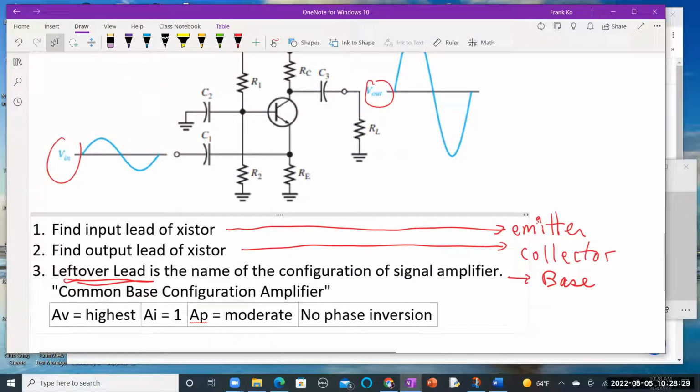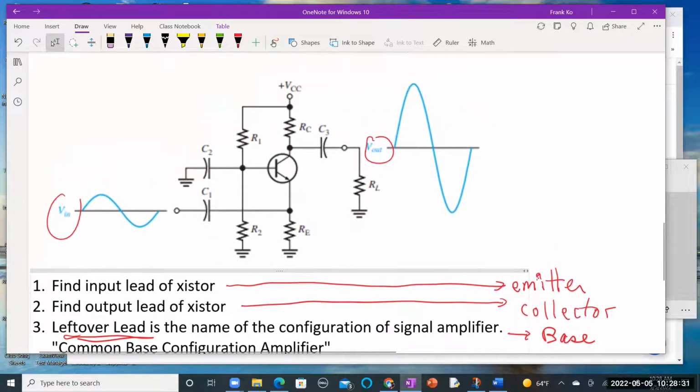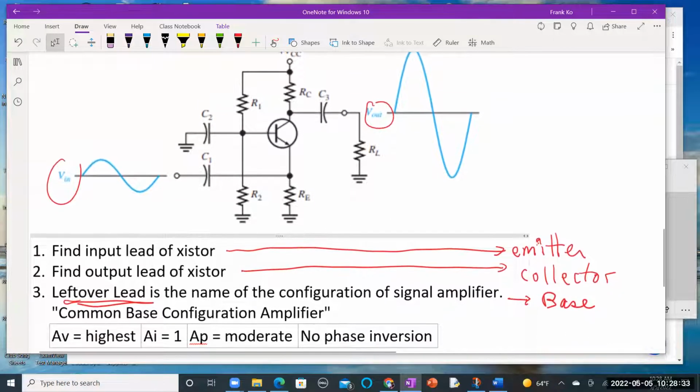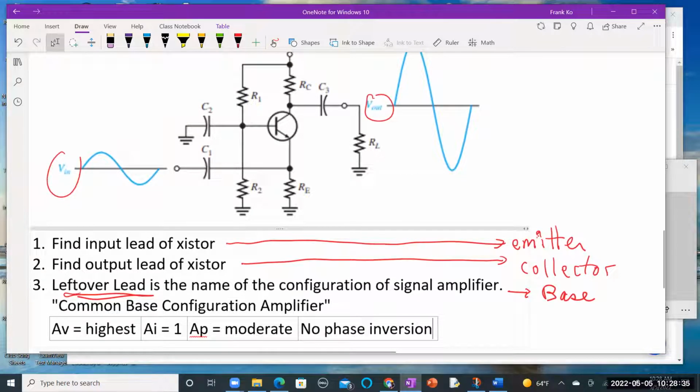So these are very important concepts so you can very quickly recognize what kind of configuration the amplifier is, and therefore you can determine which of these characteristics are going to come to bear.